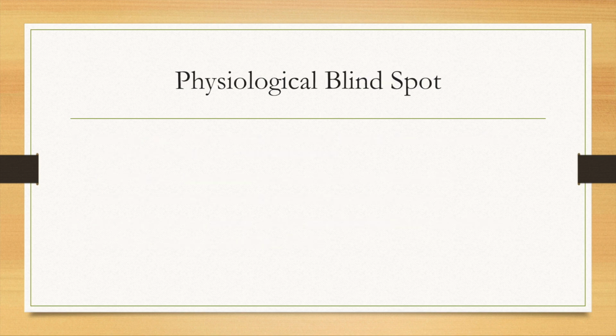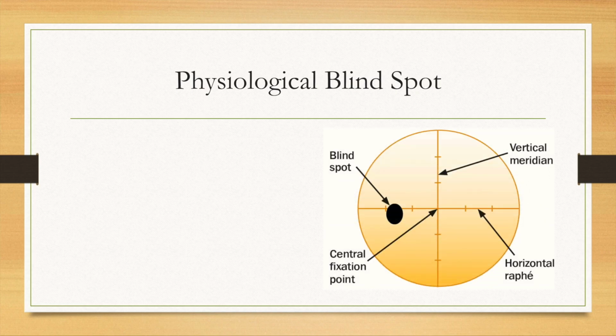Now I will also talk briefly about the physiological blind spot. The blind spot, as you can see in this photo, corresponds to the head of the optic nerve. You can see the central fixation point in the center, and you can see the horizontal and vertical meridians, and the degrees, this is 10 degrees, 20 degrees, and so on.